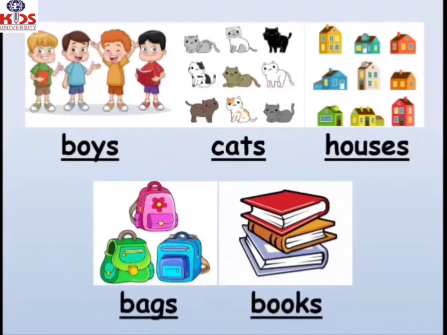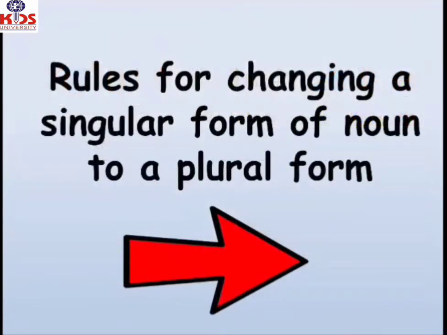We add s to most of the nouns to show plural forms. There are some rules to change a singular form of a noun to plural form. We are going to learn about these rules one by one.